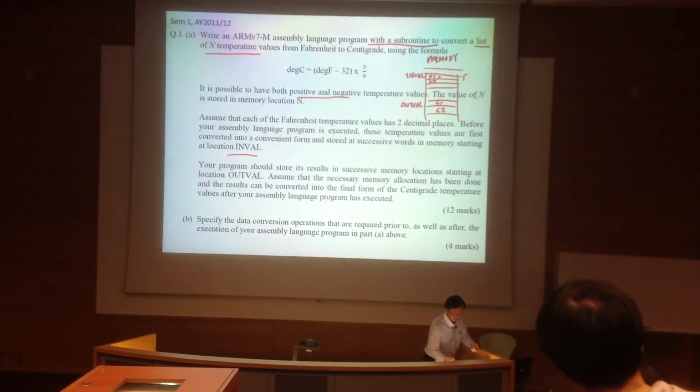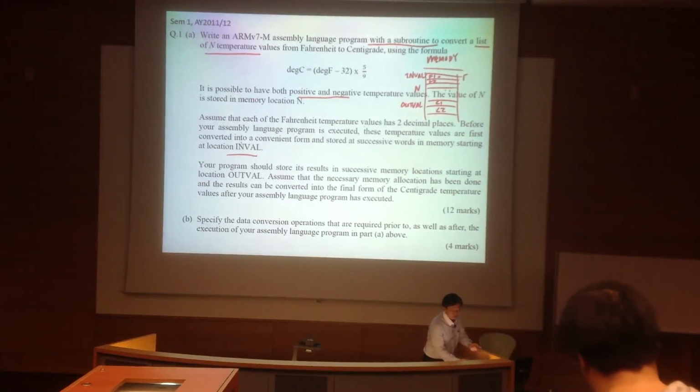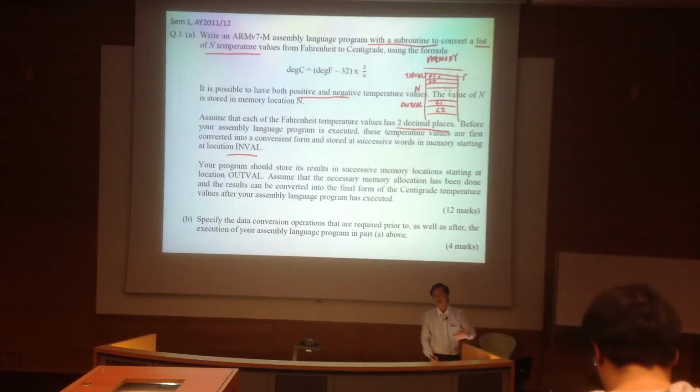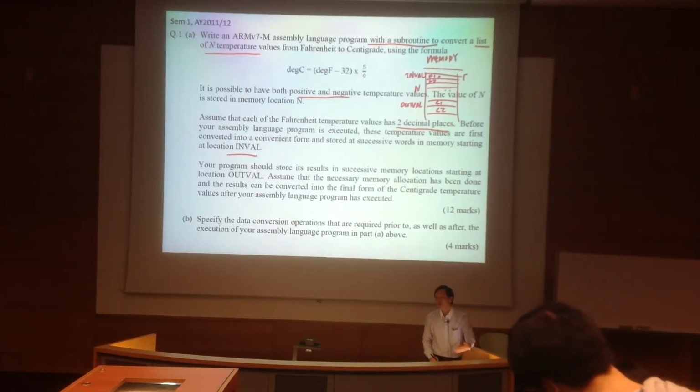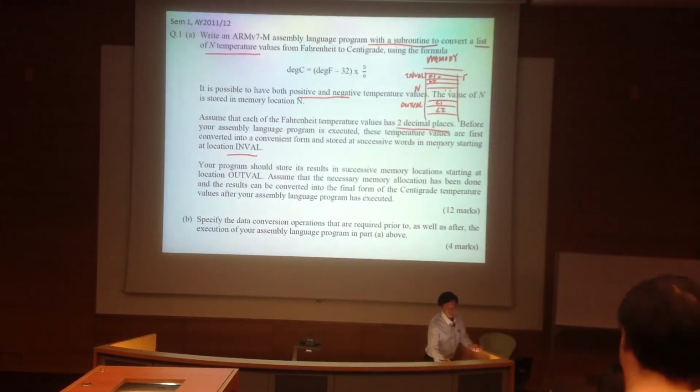Okay. And then there's an n that tells you how many numbers there are. Okay. So the thing is, your original Fahrenheit temperature may have 2 decimal places, but we know that we don't cover processing of floating point numbers in assembly language. So it has been converted to integers.